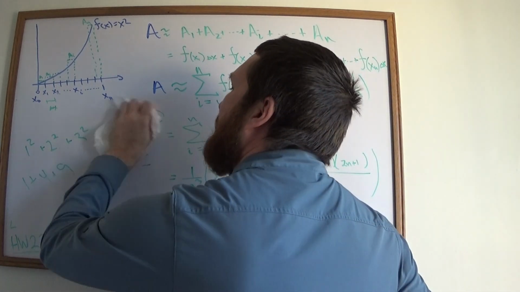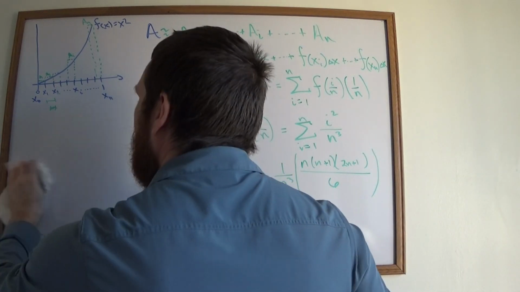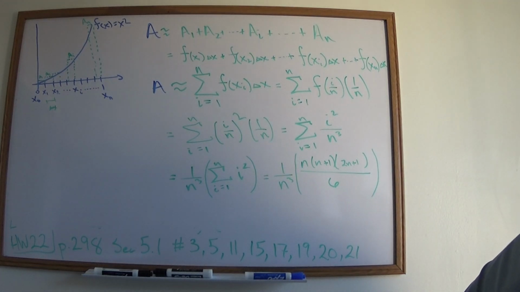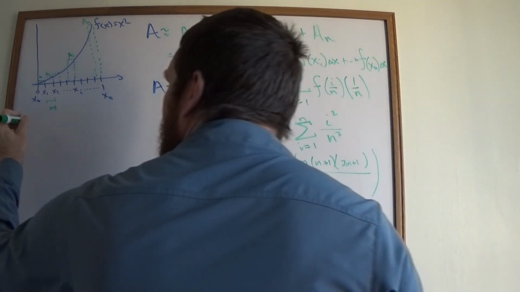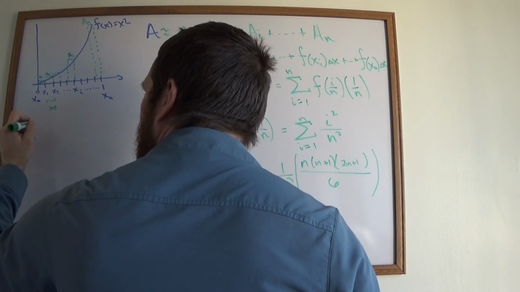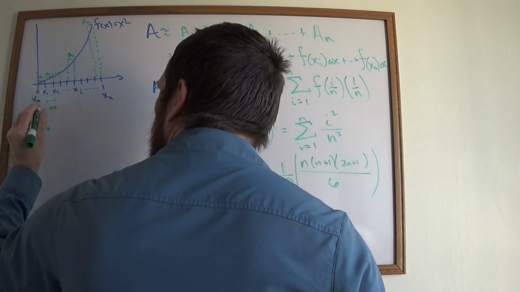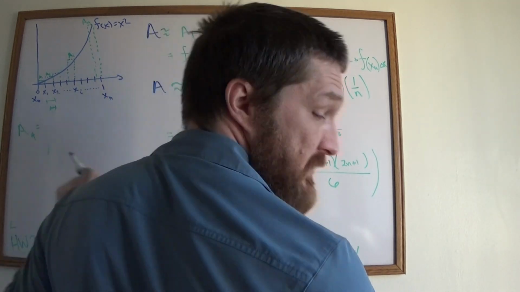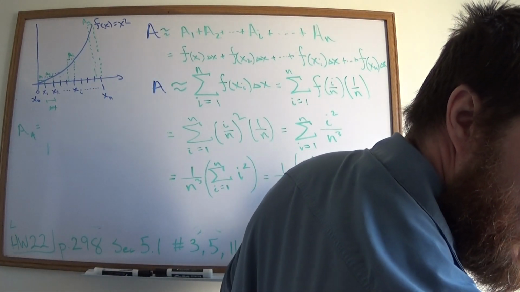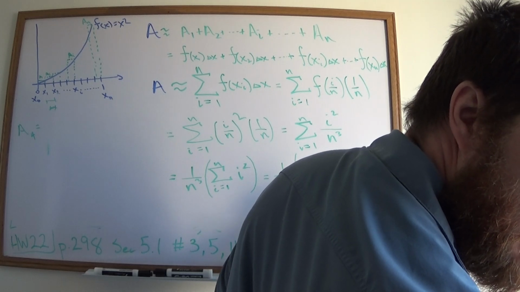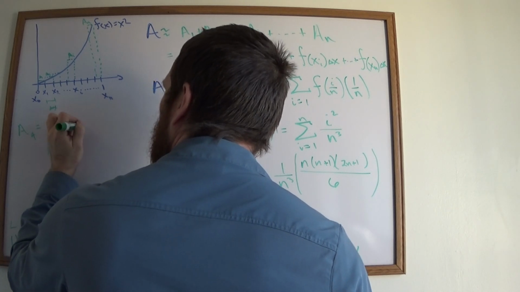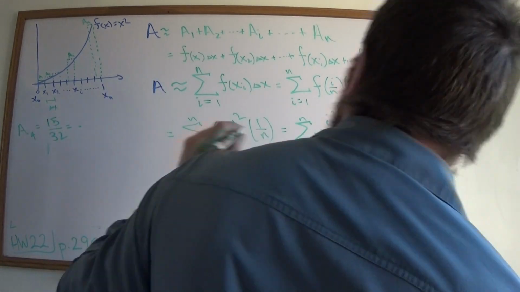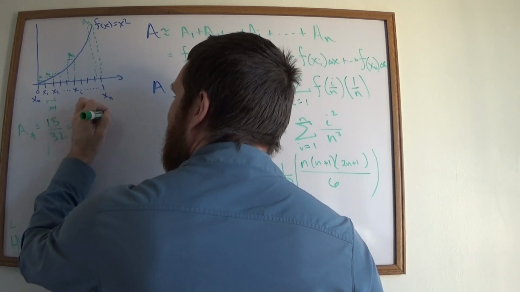Let's think about that. I want to put that back up here. I want to drag this point home. We plugged in a 4 for this. When we did right-hand endpoint, we got that area, so I'm going to call it area 4. The actual value was 15/32, which was 0.46875.